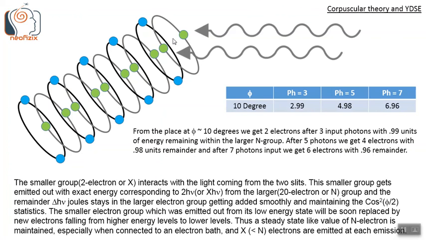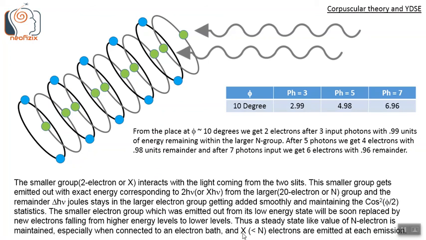Periodically the X electrons can go out due to photoelectric effect, and another X electrons from a higher energy level can fill that space. So this X is in constant cycle, but the total number of electrons N in the larger group is maintained at a more or less constant, steady value.